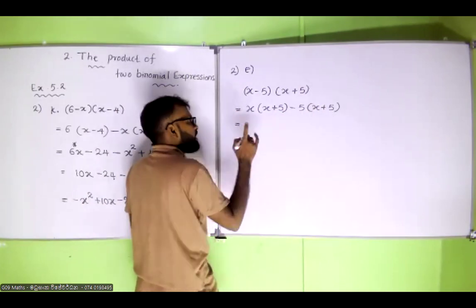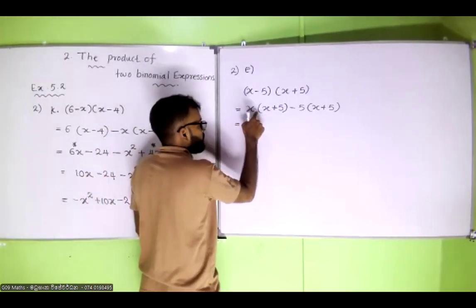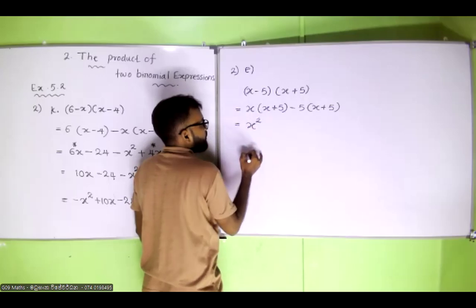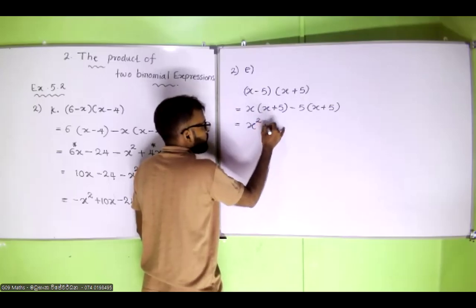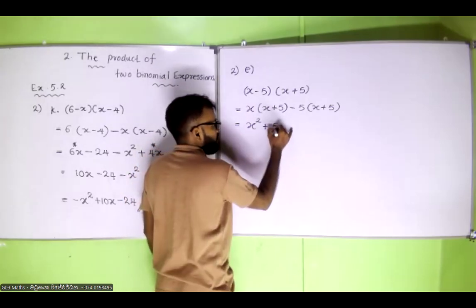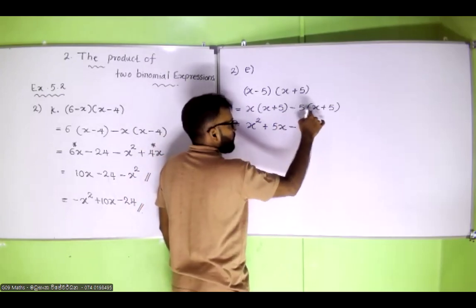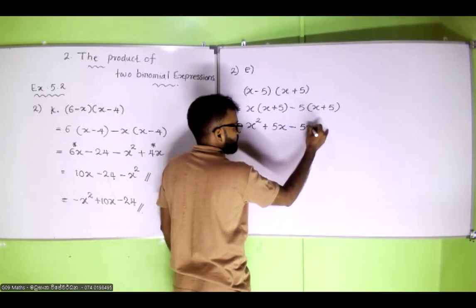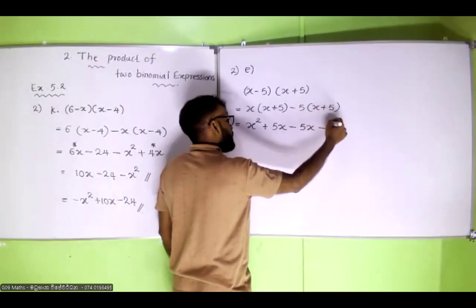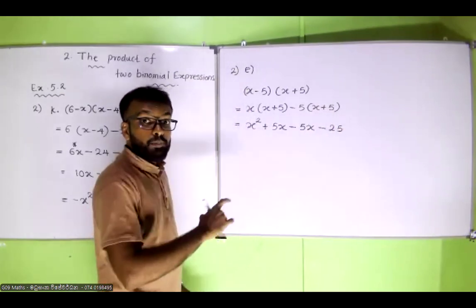Positive into positive, positive: x into x, x squared. Positive into positive, positive: x into 5, 5x. Negative into positive, negative: negative 5 into x, negative 5x. Negative into positive, negative: negative 5 into 5, negative 25. Simplify the like terms.